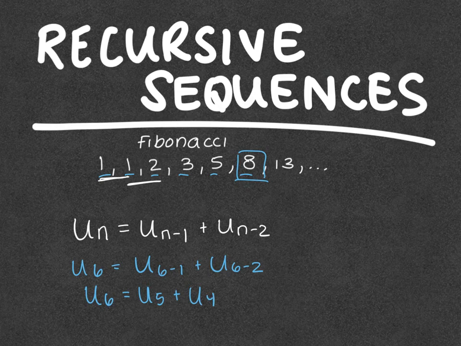And if we plug that in, we can see up here, that means that 8 should have been equal to my fifth term, which is 5, plus my fourth term, which is 3, and that is exactly correct. So we can use this notation. It's just called a recursive sequence instead.